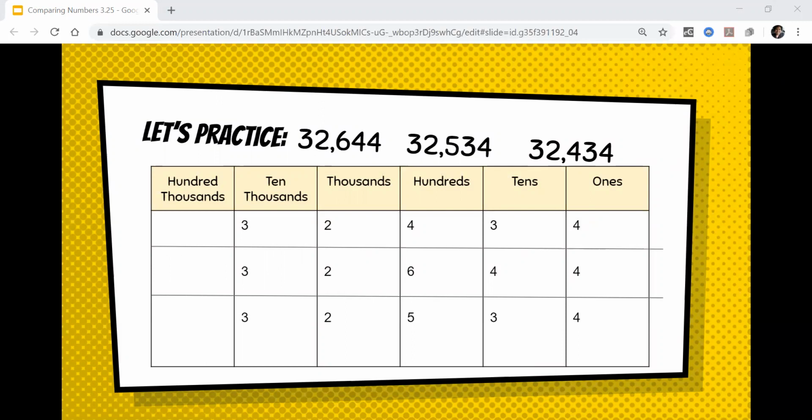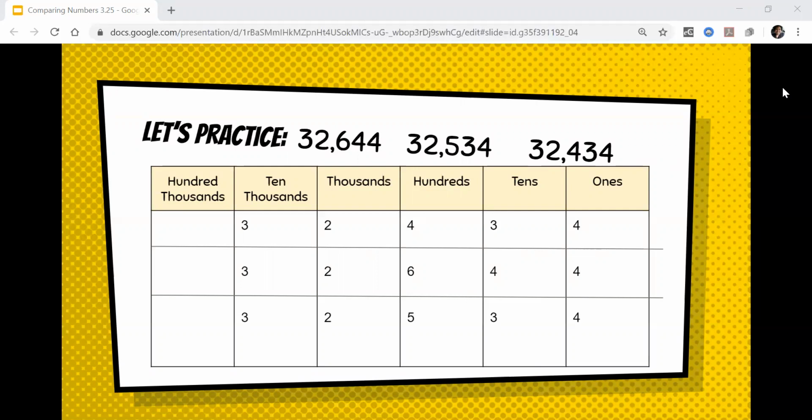All numbers have the same equal value. So I'm going to go over to the thousands place. The digit 2 is 2 times 1,000, which is 2,000. All the numbers have the same value in the thousands place.